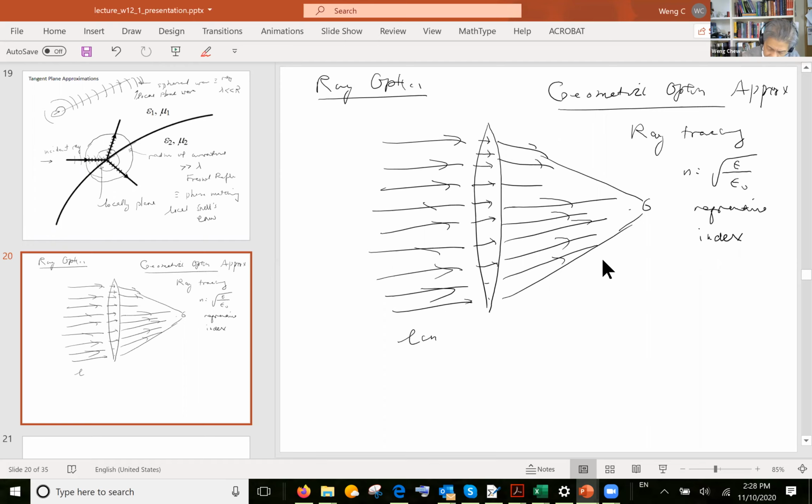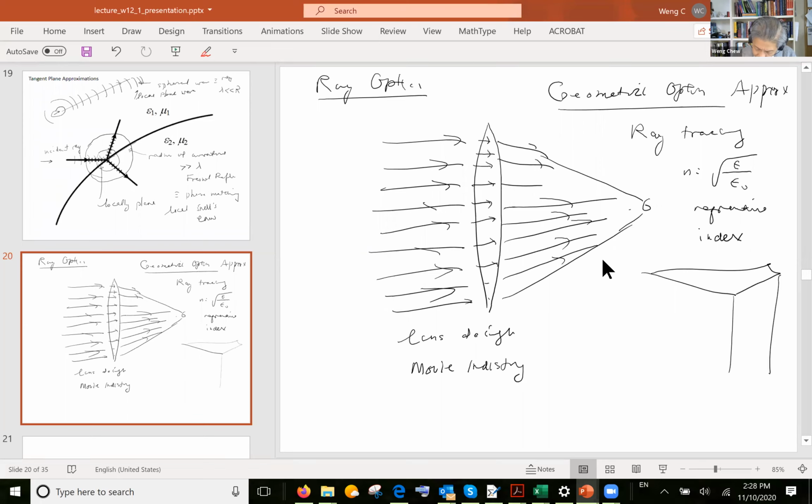Lens design, okay, lens design, I hope I spelled it right. Lens design is such a thing, and also the movie industry. A lot of the movies that you see coming out of Hollywood actually do a lot of ray tracing. What they do is you have a room, and you shoot rays inside this room, and then you follow and track how the rays will bounce off different objects in the room.